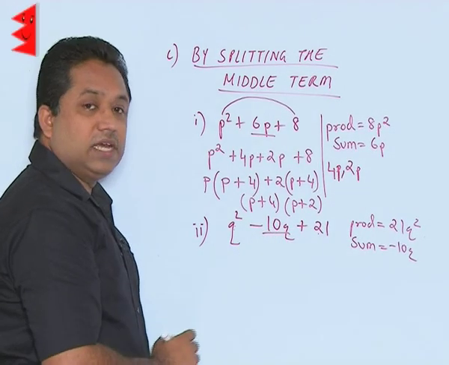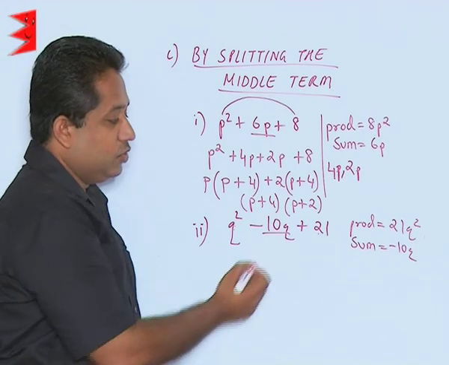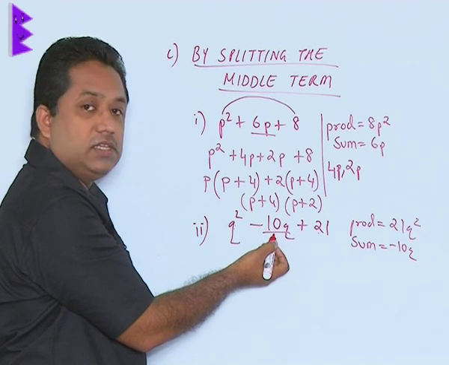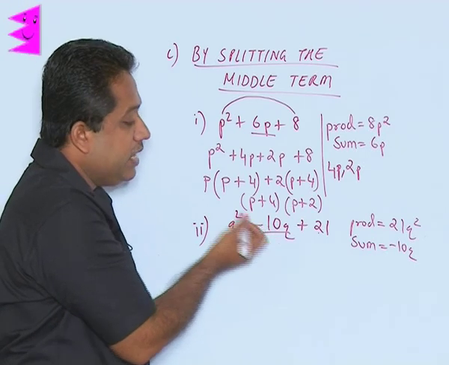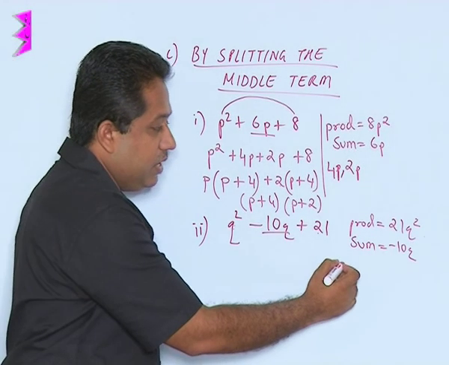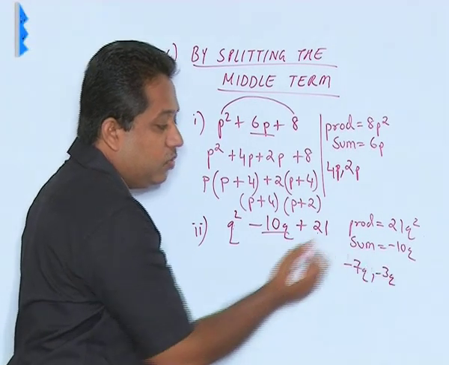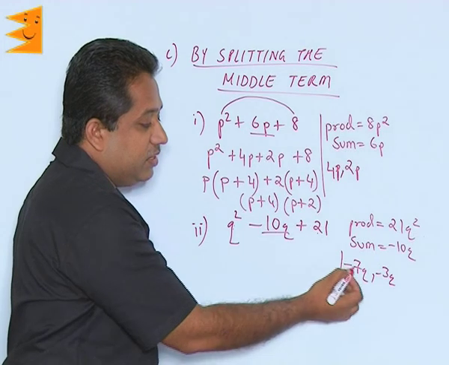So, the numbers are 7 and 3. So, 7 into 3 we know is 21, and 7 and 3 totaling will give us 10. But we have to get minus 10. So, our factors will be minus 7q and minus 3q. Let us verify whether these factors are correct.